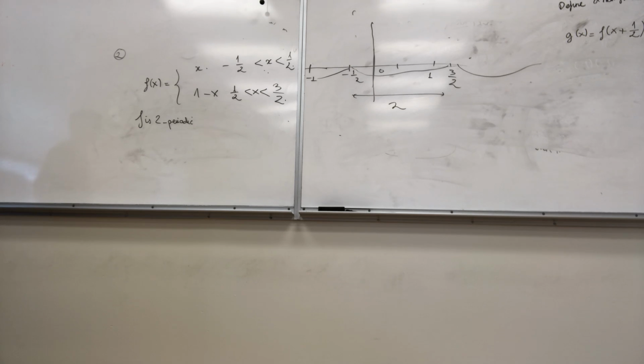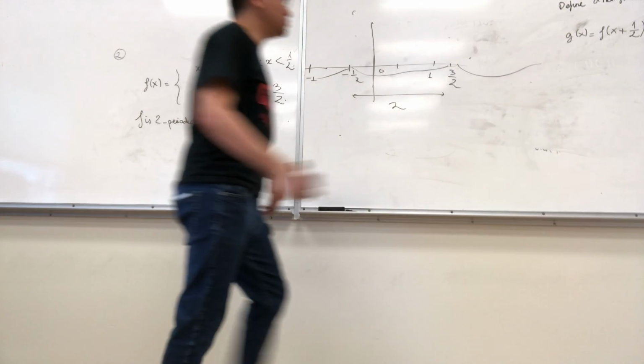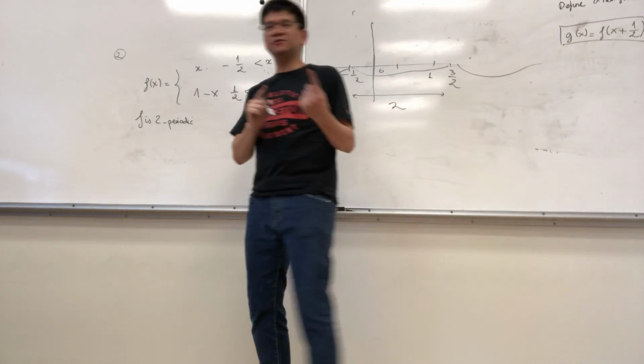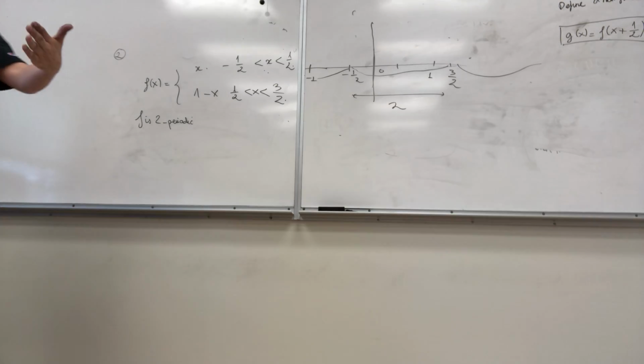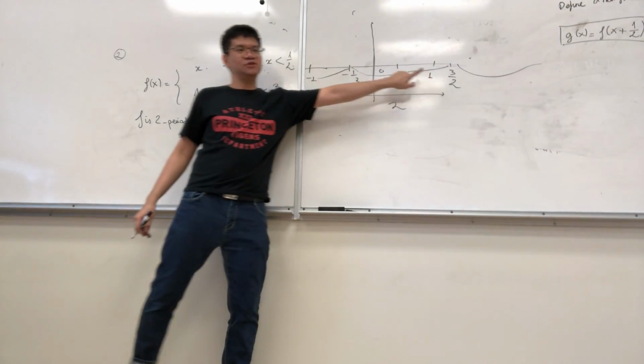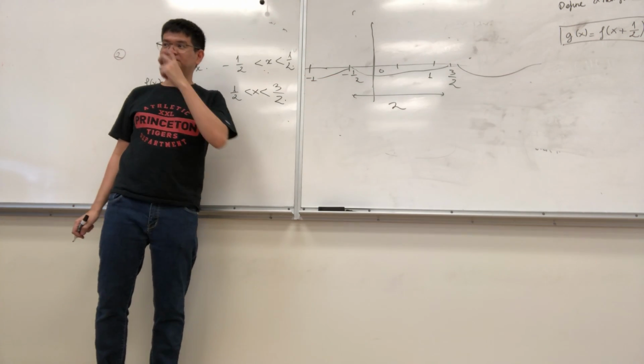Right? So what is the role of this function? This is the shift function. So the shift function is doing the job of shifting the graph from -1/2, 3/2 to -1, 1. All right?